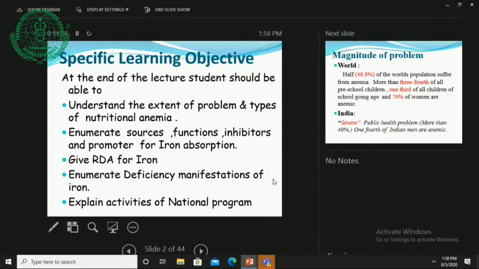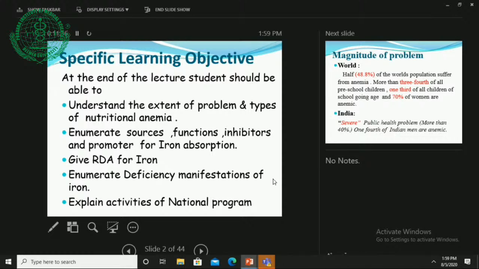So first we will see what the learning objectives for today's lecture are. At the end of the lecture, you should be able to understand the extent of the problem and types of nutritional anemia. You should be able to enumerate sources, functions, inhibitors, and promoters for iron absorption.